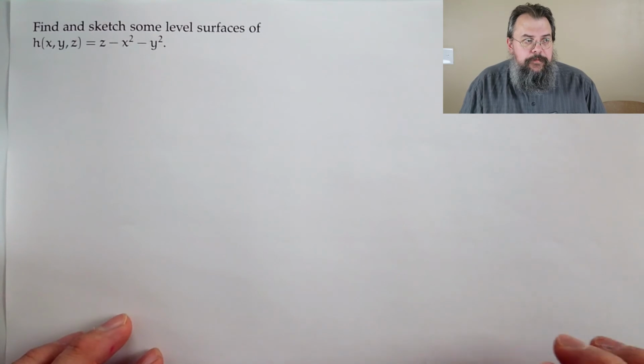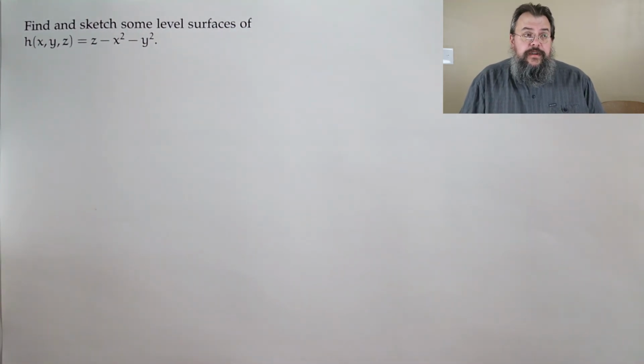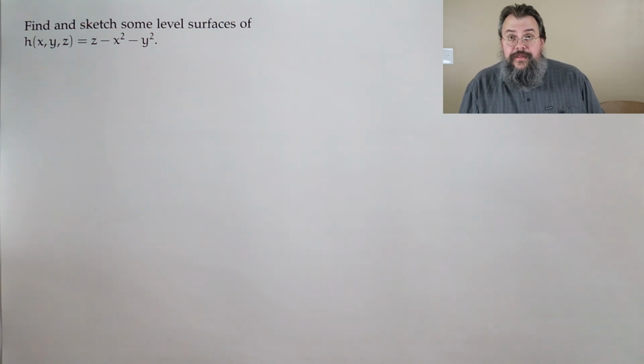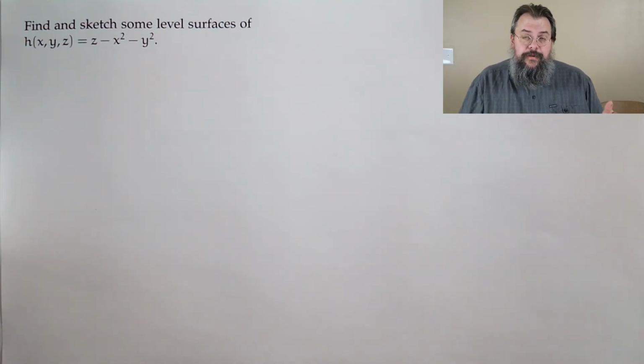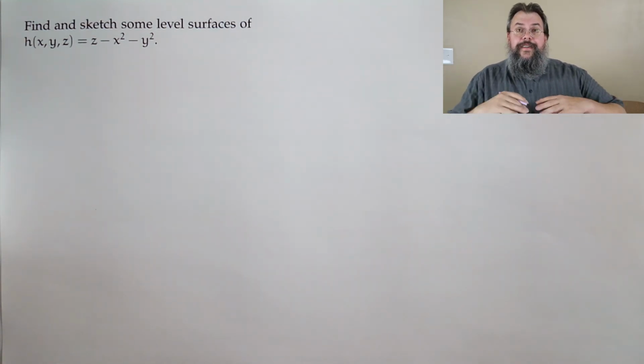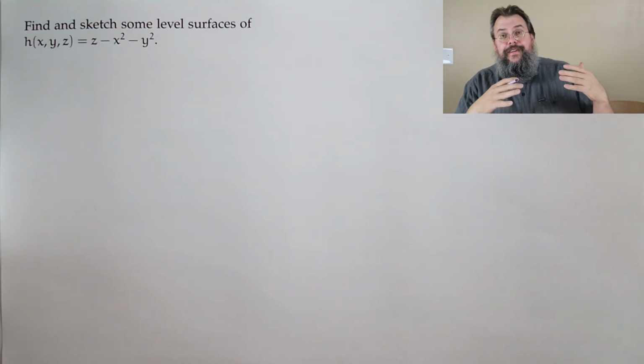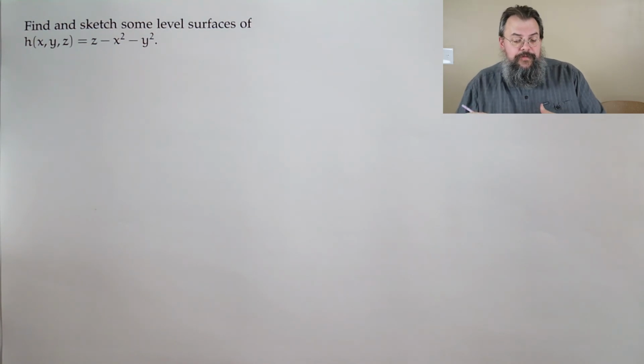Okay, well, one more problem. All right. Find and sketch some level surfaces for this function z minus x squared minus y squared. So again, it's similar before, but instead of level curves, it's level surfaces.